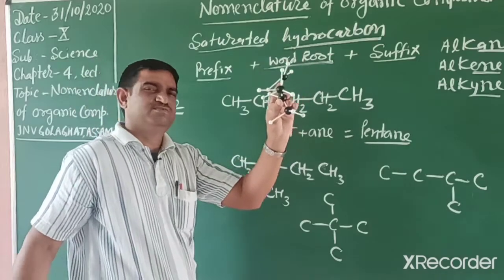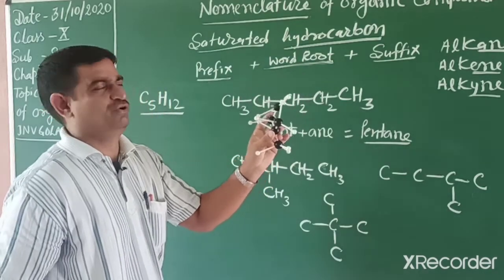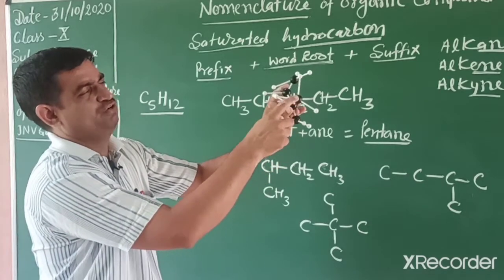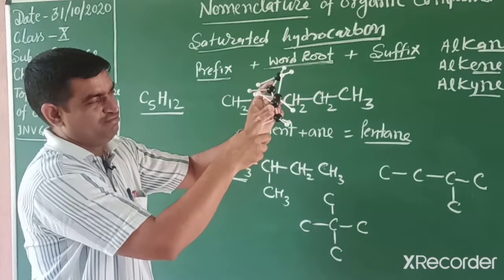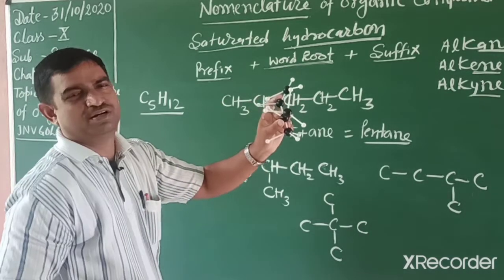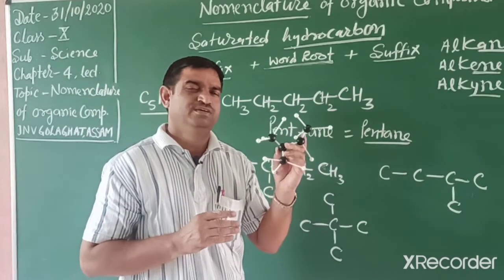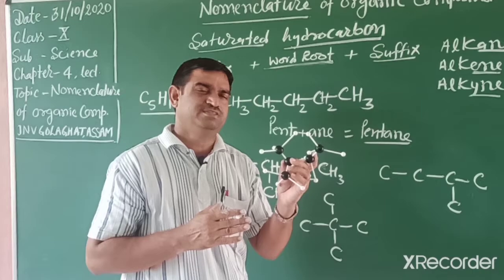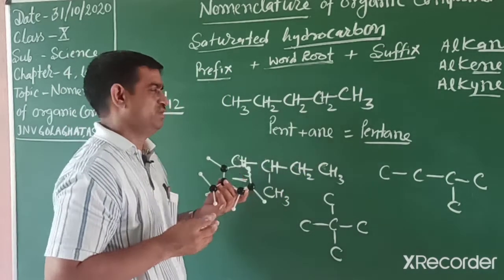So at first we decide numbering in such a way that the substituent carbon gets the lowest number. We have to start from this point or this point. We can't start from that point. Why? Because if we start from this point, then the substituent gets number 2. So the rule is, we have to start numbering in such a way that the substituent carbon gets the lowest number, meaning the side branch carbon gets the lowest number.